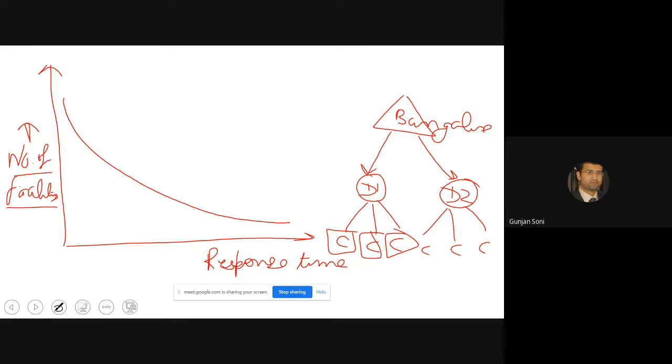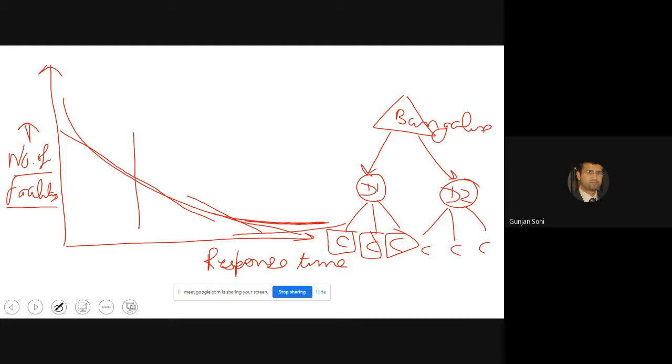But then can it become zero? Of course not. So it becomes pretty much constant. It drops initially at a higher rate. You can say the slope is very high initially, and as time progresses, the slope of this curve dies down, and it becomes asymptotic to the x-axis after some time.